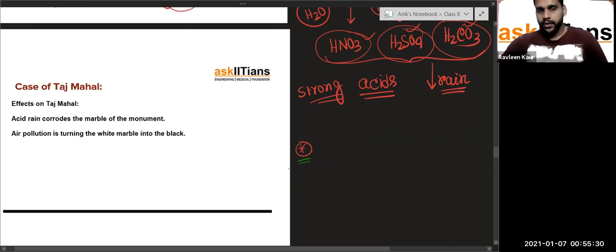Now the thing is, look, the Taj Mahal is made up of stone, or I should rather say marble, which is a more sophisticated word.